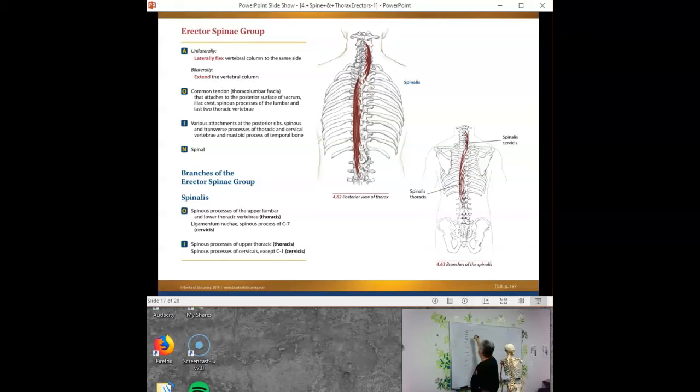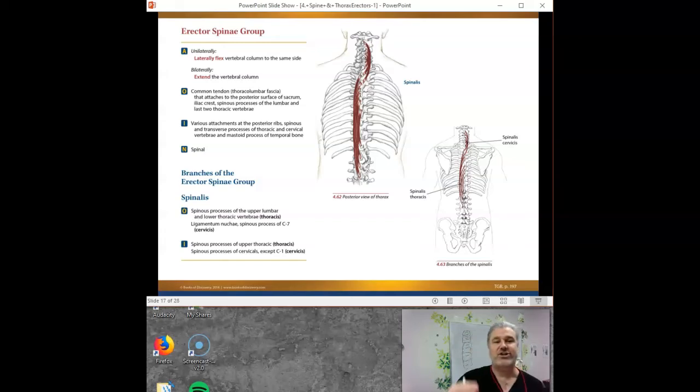They showed you half of the cervical part, and then they switched sides and showed you half of the thoracic and lumbar part. But the muscle actually looks like this, if they should have shown you both sides.